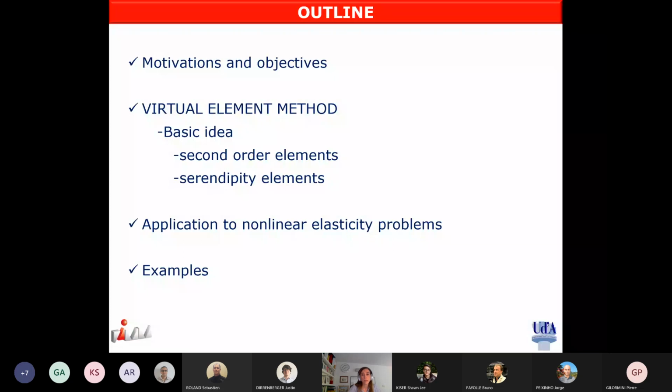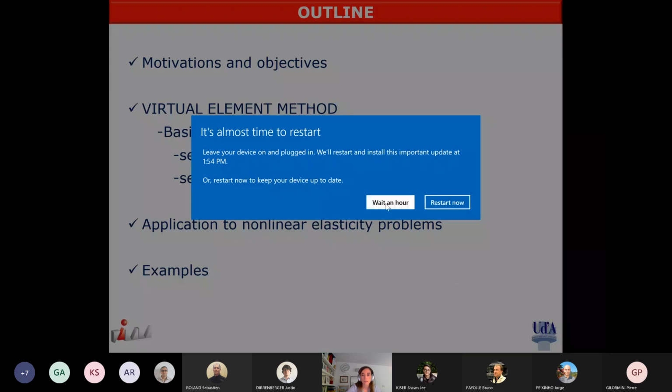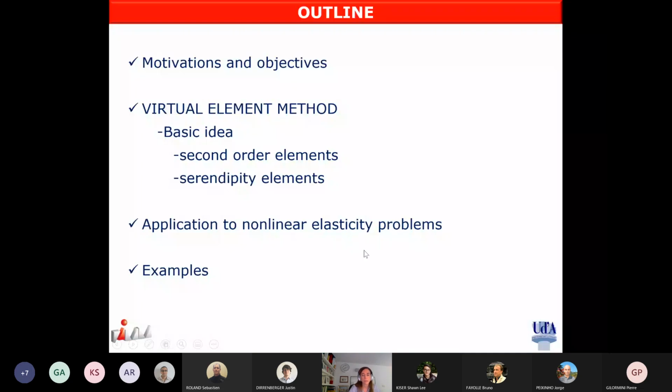I will frame this virtual element in application for nonlinear elasticity problems, and I will conclude the presentation showing some examples that highlight the capabilities of the proposed methods.